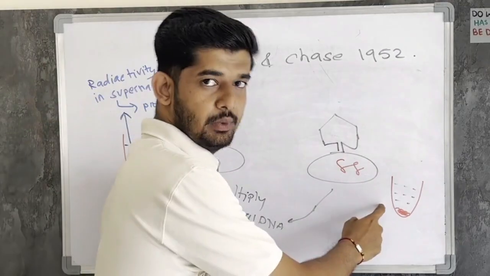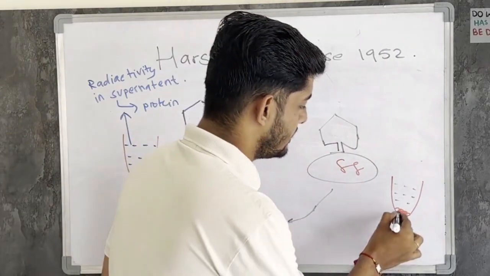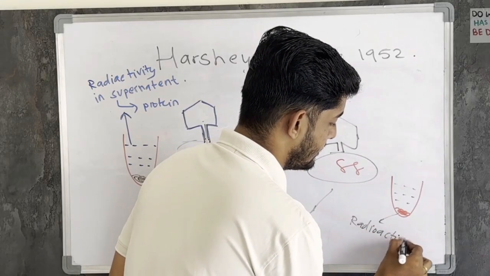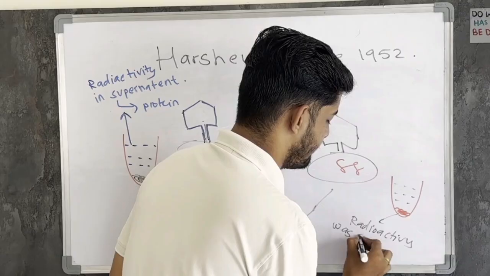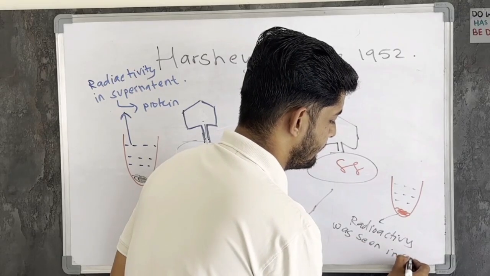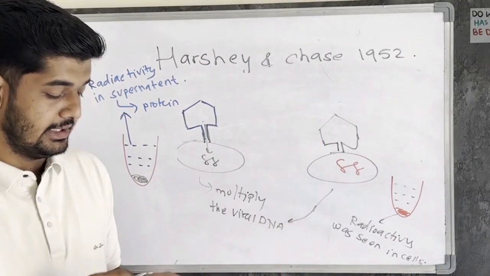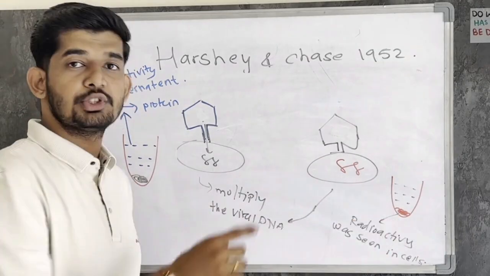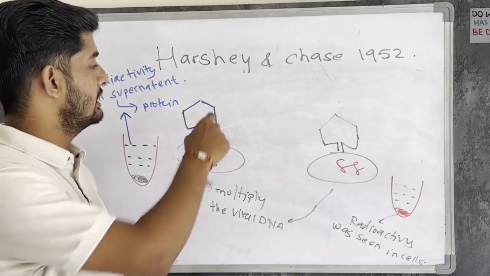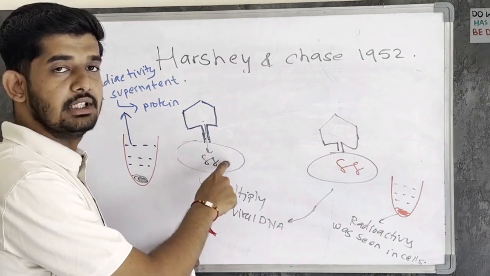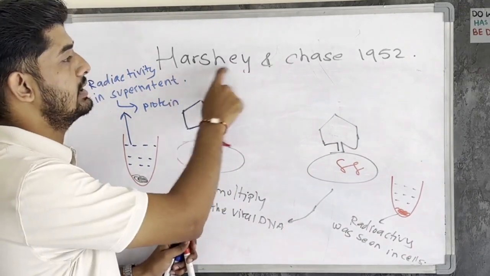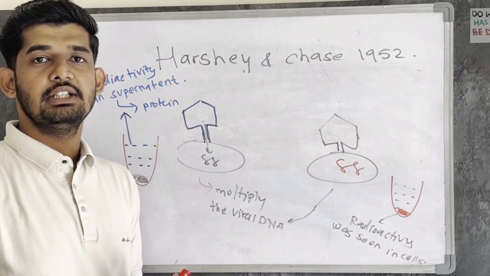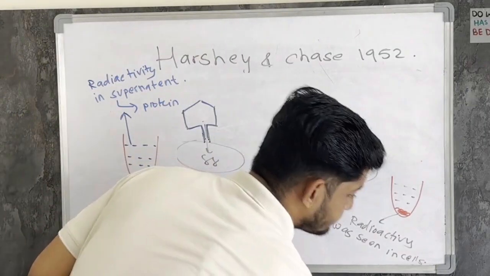And when these were exposed, radioactivity was seen in the cells, which confirms that the DNA was the portion that was inherited, or that was used to infect these E. coli cells. And the experiments of Hershey and Chase led to the universal acceptance of DNA as the genetic material in the majority of organisms.